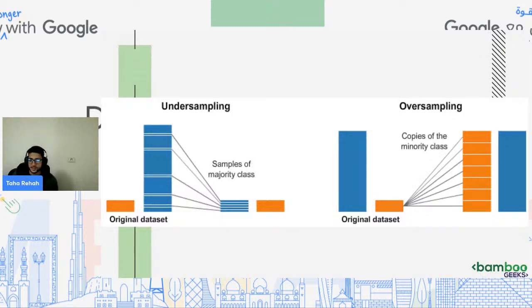To understand those two concepts very well, let's go back a little bit and remember our problem. Our problem is that we have a difference between classes of a dataset. Maybe class 1 is higher than class 0, or maybe class 0 is higher than class 1.